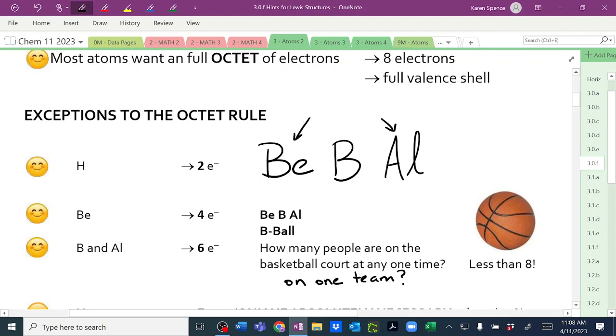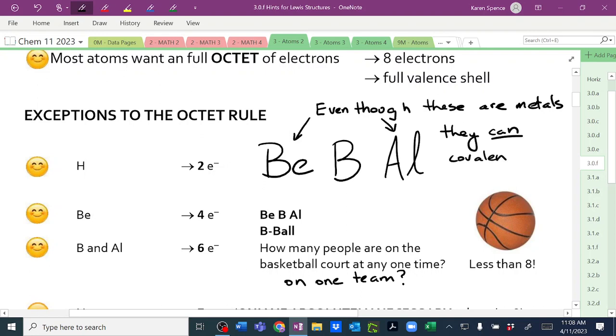Even though these are metals, they can covalent bond. And when they covalent bond, how many electrons does beryllium need in total?